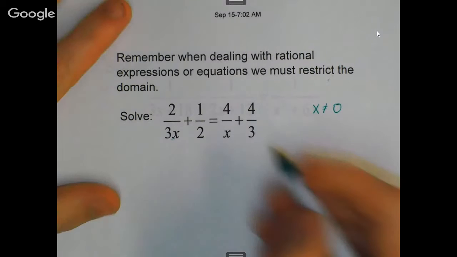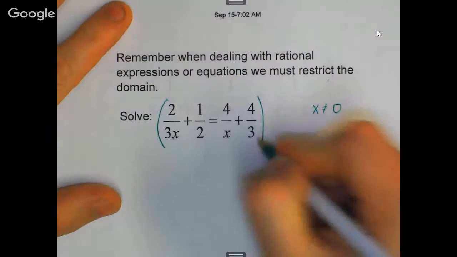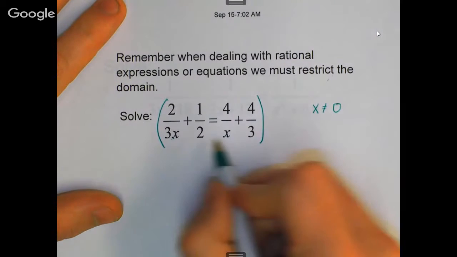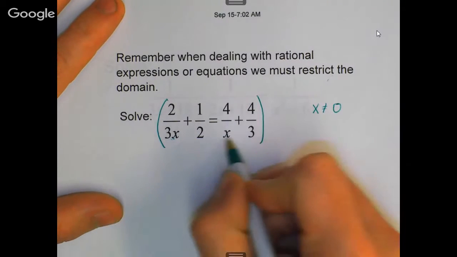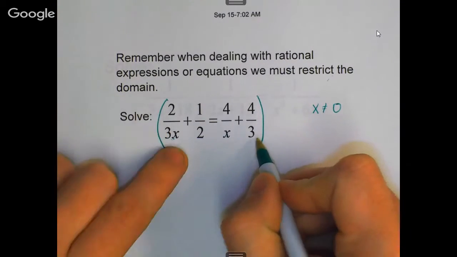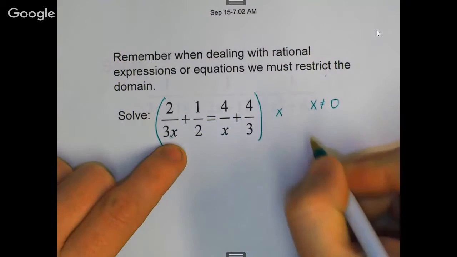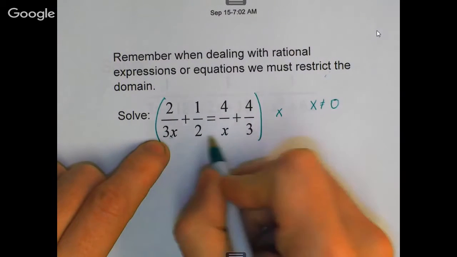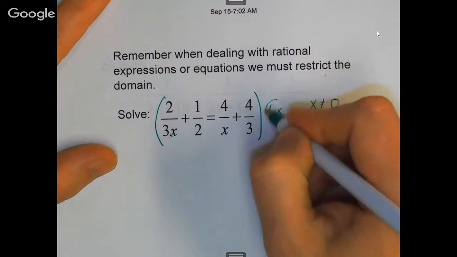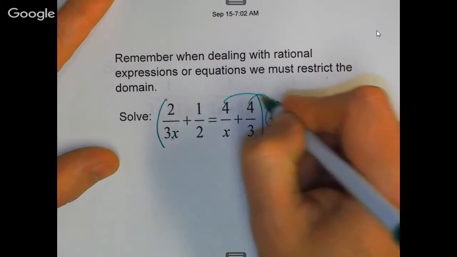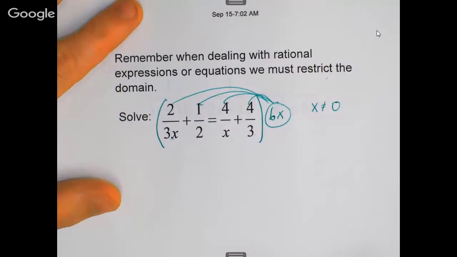Again, I don't like these fractions, so let's get rid of them. If we look down here, what would I make my common denominator be? Well, I know I've got to have an x with it. And look at our numbers. All of these go into 6. So we'll take this 6x times all 4 of these terms.